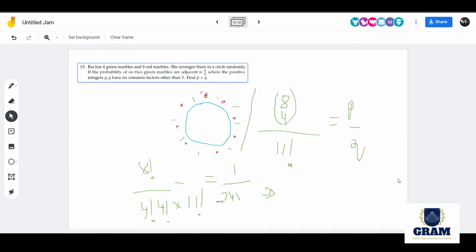I don't want to calculate this, so you can just calculate this one. You will get p plus q equals 40, I think. Yeah, you should get 40. I think I have not made any mistakes here.